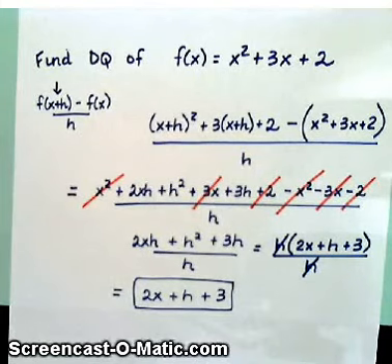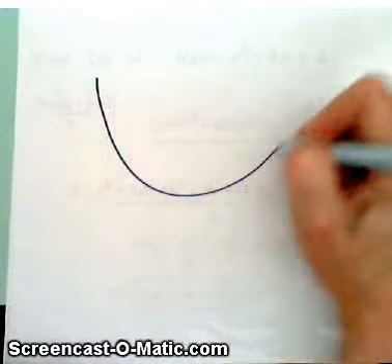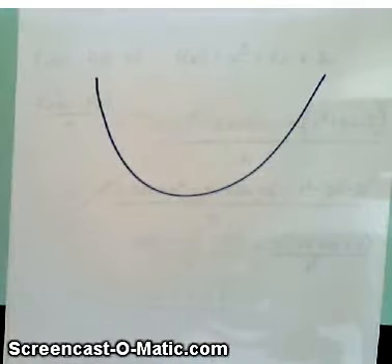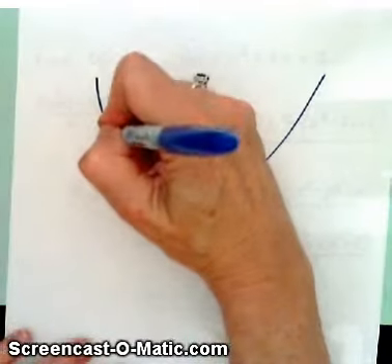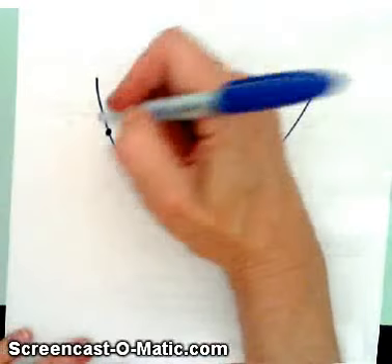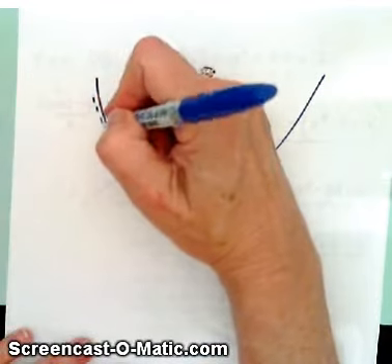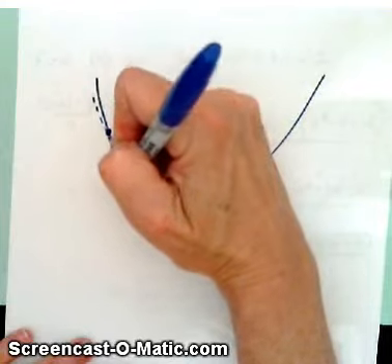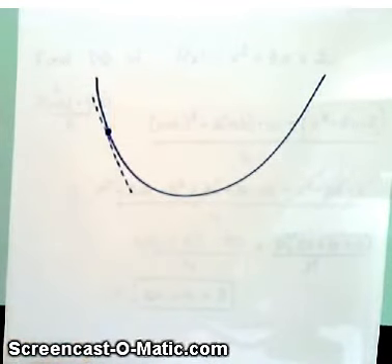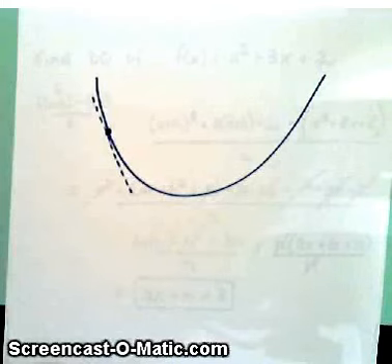Now, let me just show you a little bit on a parabola. Suppose you just have a parabola, and you can pick a point on that parabola. Let's pick this point right here. If I drew a tangent line, tangent meaning it just touches the curve at one point, you see that tangent line is fairly steep. It has a fairly steep negative slope.